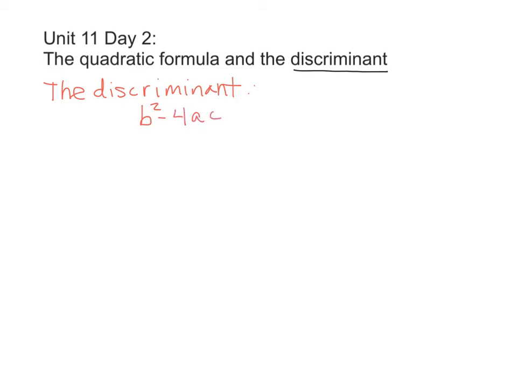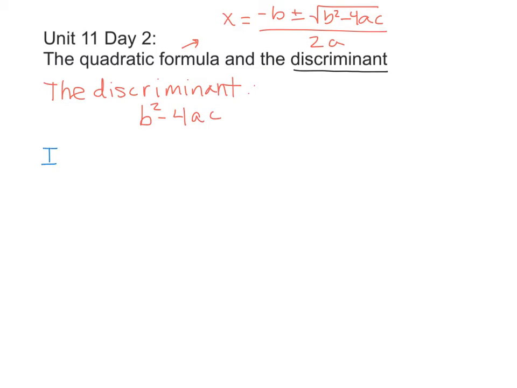And remember, that's from the quadratic formula, which was x equals the opposite of b plus or minus the square root of b squared minus 4ac all over 2a. Just looking at the inside of that, b squared minus 4ac, that's the discriminant. It helps us determine a few things about the graph and the number of solutions of our quadratic equation.